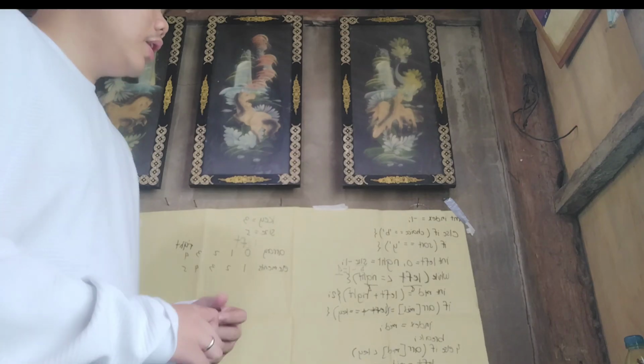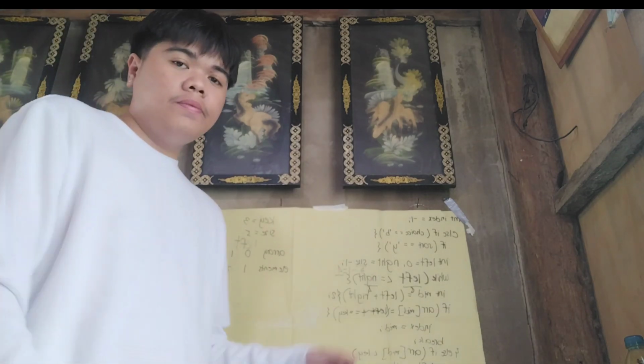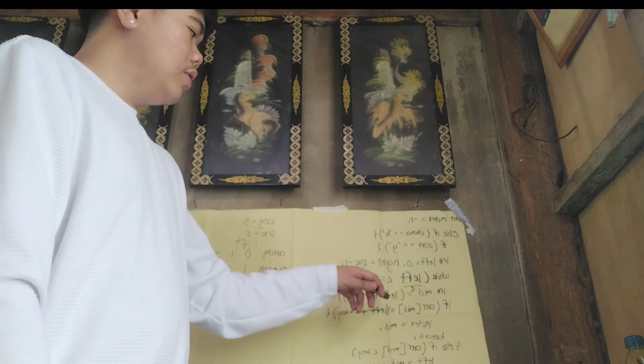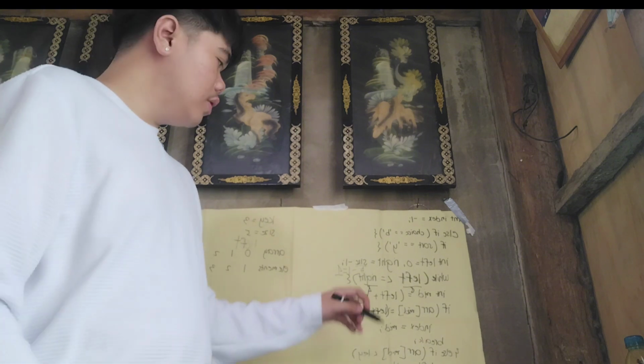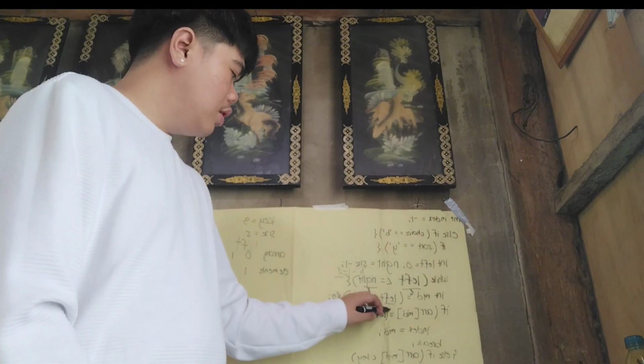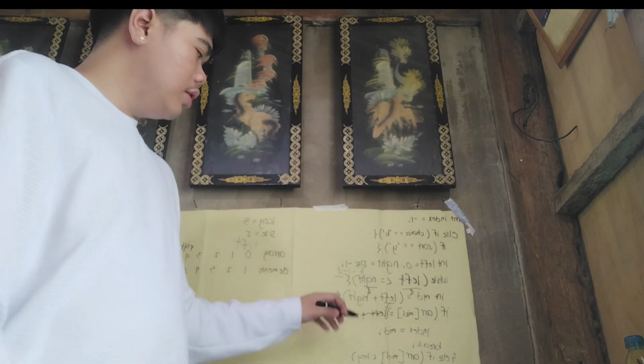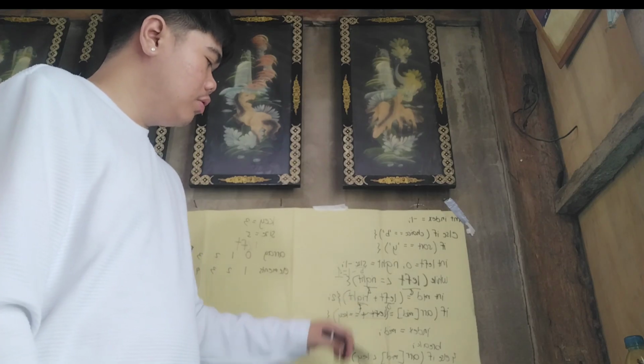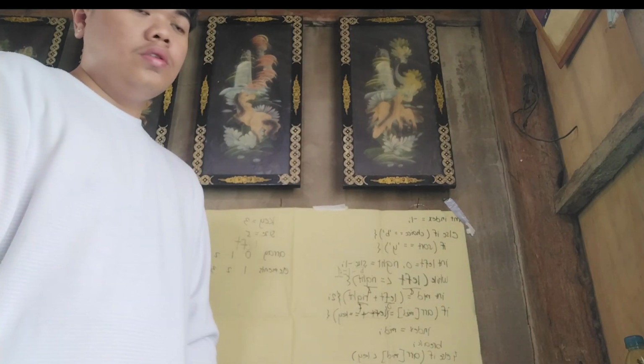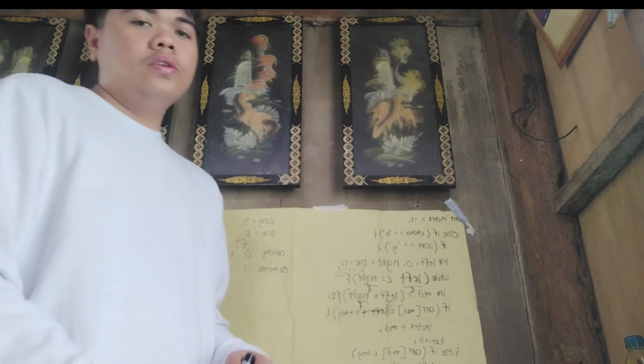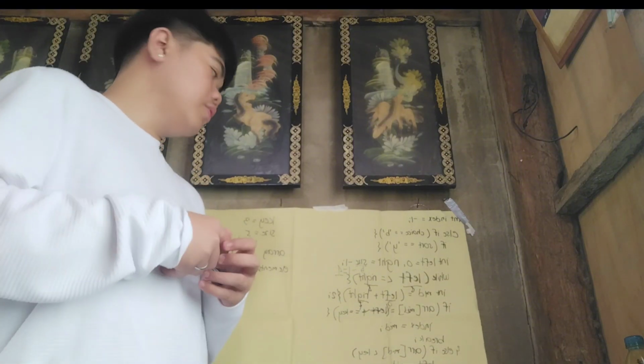Then integer mid is equal to left plus right. Our left is 0 again, plus right, which is 4. So 0 plus 4 is equal to 4.